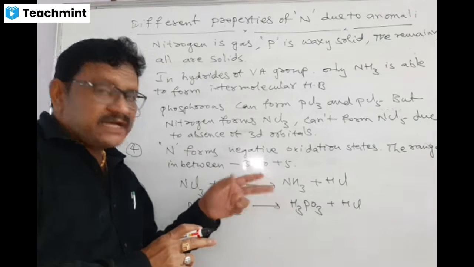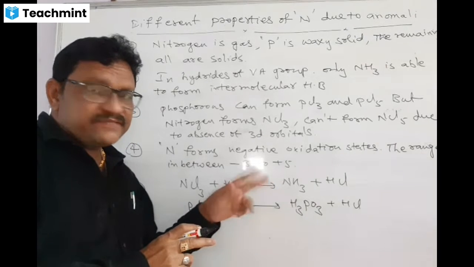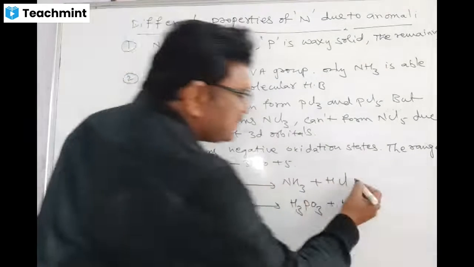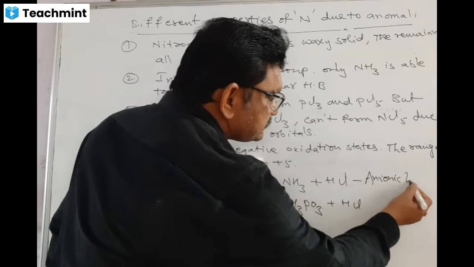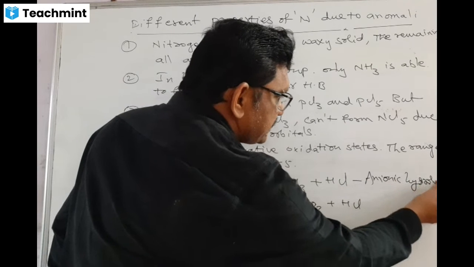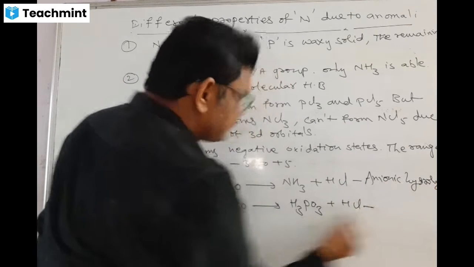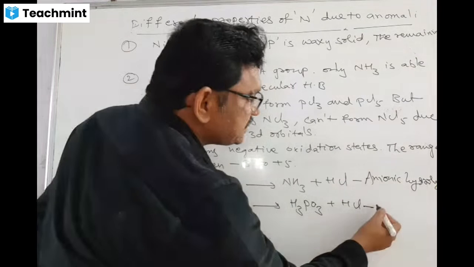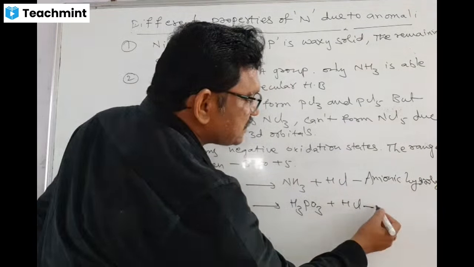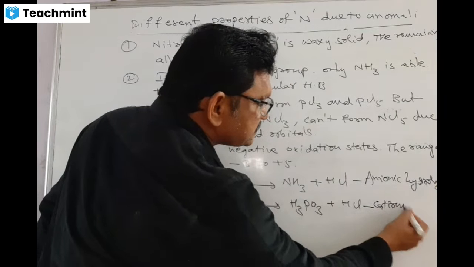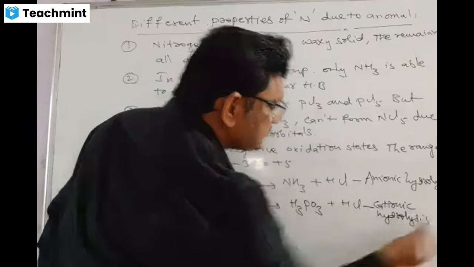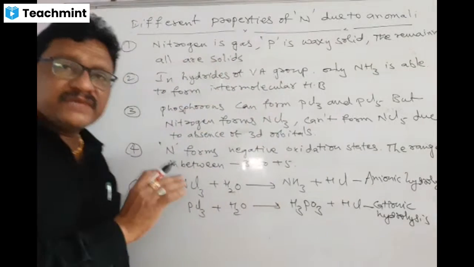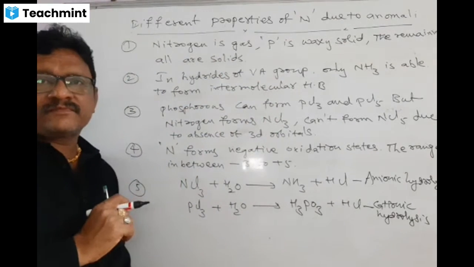Here the mechanism is completely different. Nitrogen undergoes anionic hydrolysis, but in PCl3, phosphorus undergoes cationic hydrolysis. So this is the main thing you have to remember.